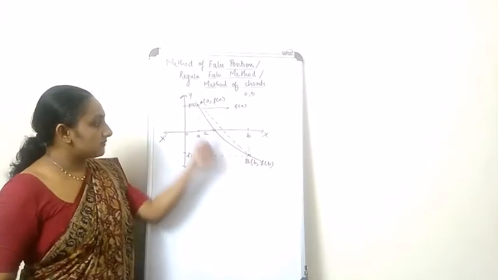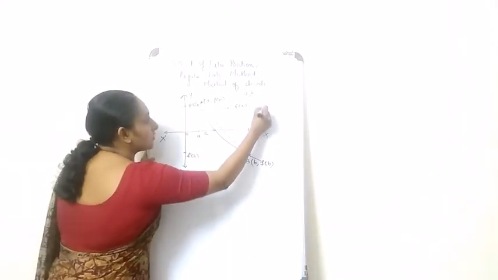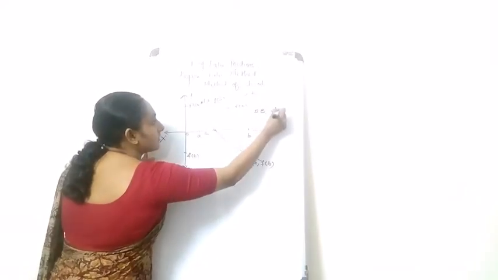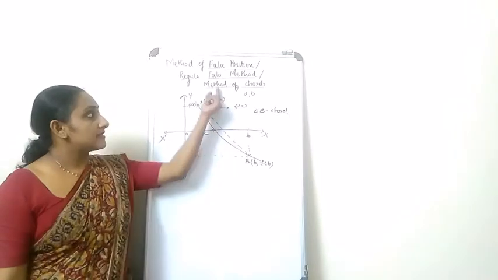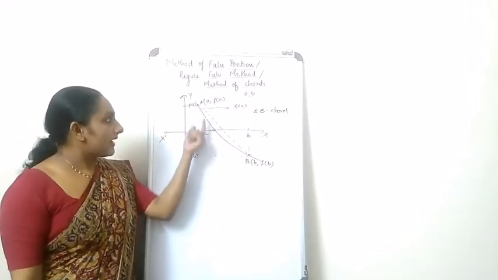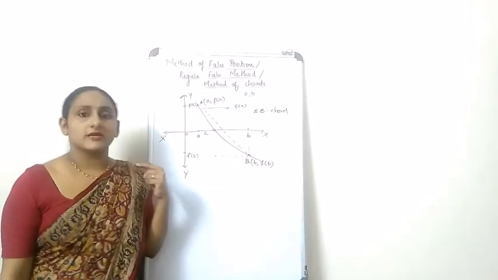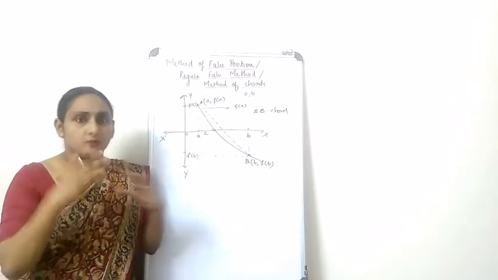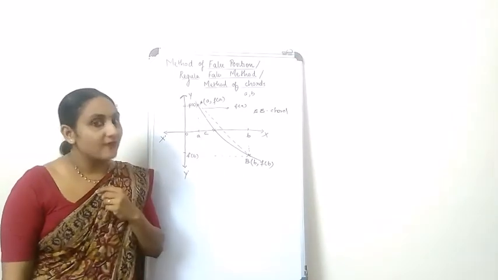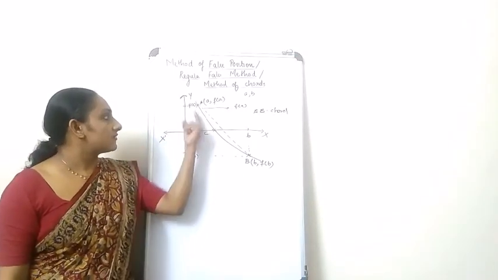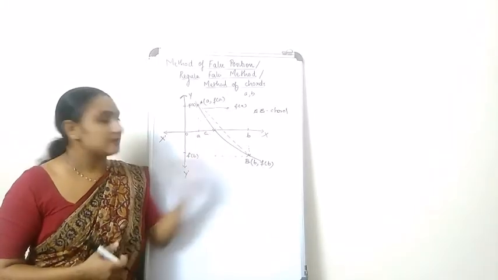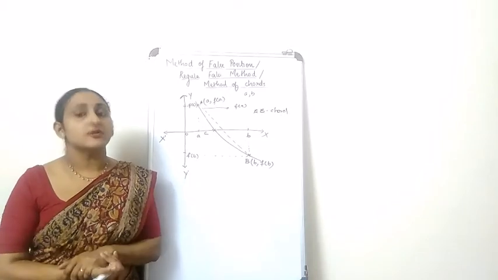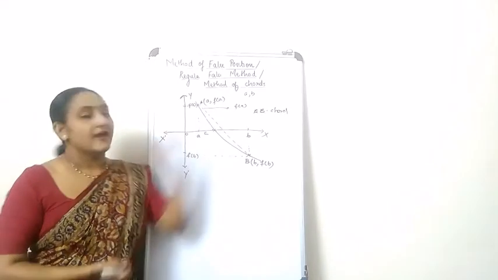So AB is the chord. That's how this method got the name method of chords. By finding the equation of the chord with some other calculations, we will find the root of the function f(x).